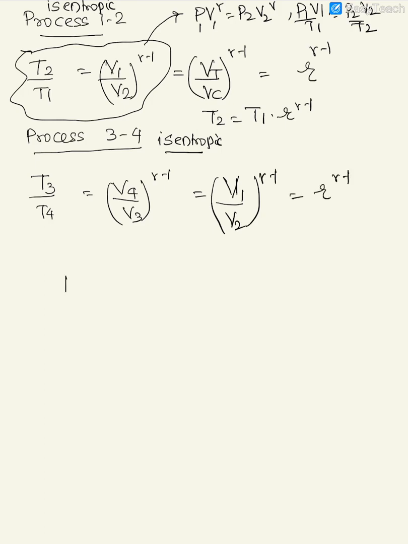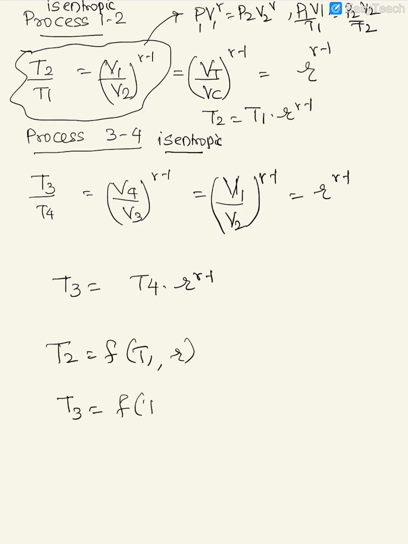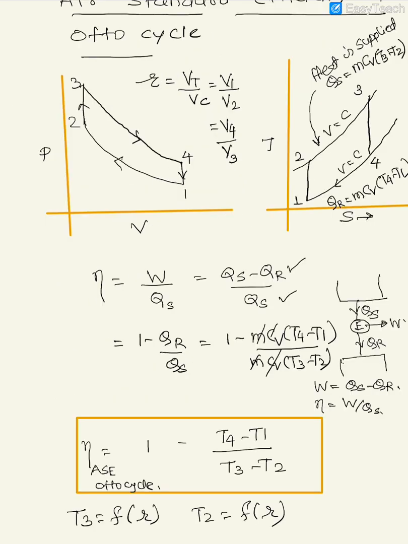So T3 becomes T4 into r raised to gamma minus 1. So I have written T2 as a function of T1 and r, and T3 as a function of T4 and r. T2 and T3 are written as a function of r.